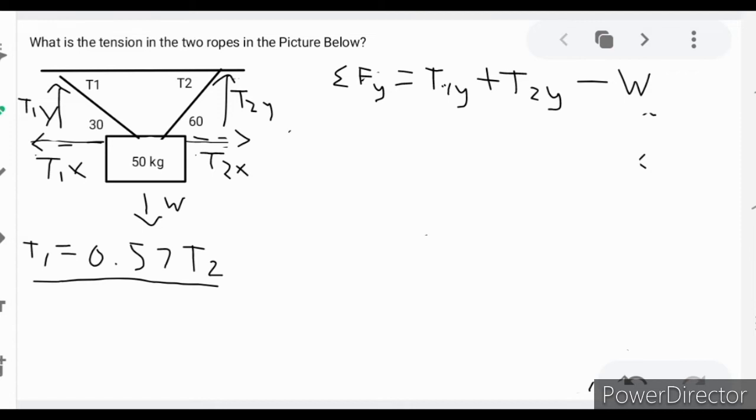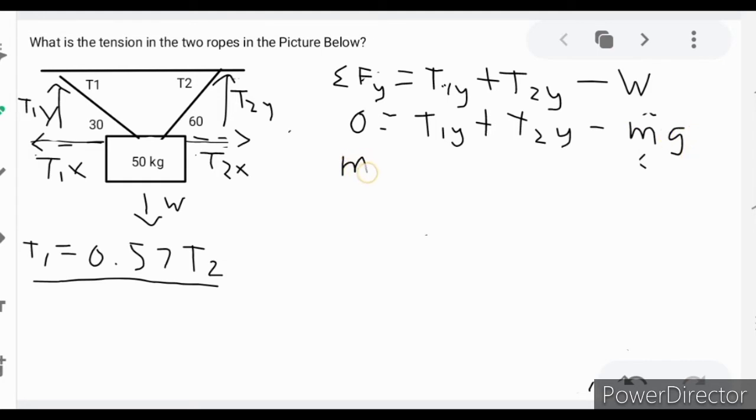Now, since the object is at rest, the summation of force along y is 0. Then we have Ty sub 1 plus Ty sub 2, and we can write weight as mass times gravity.